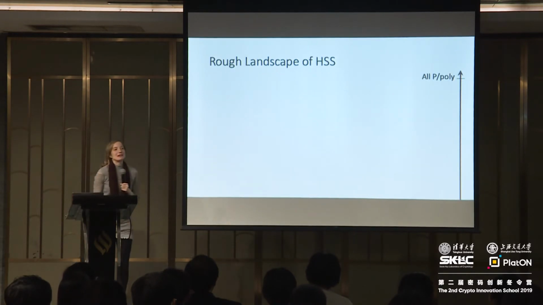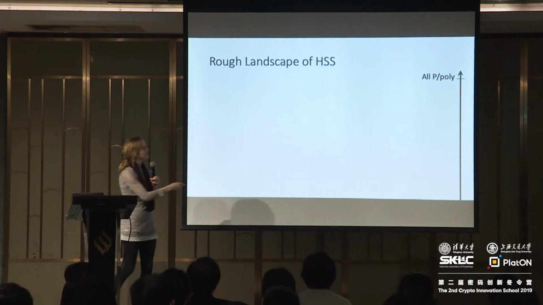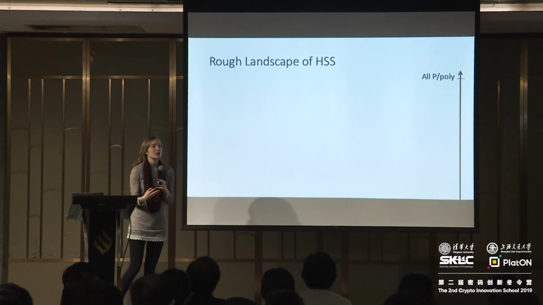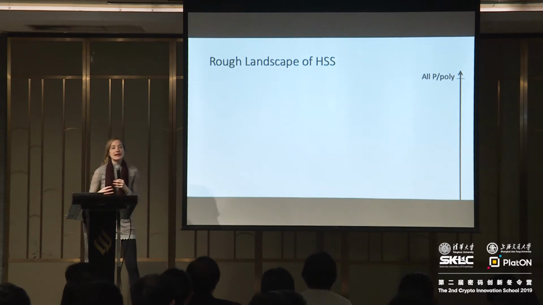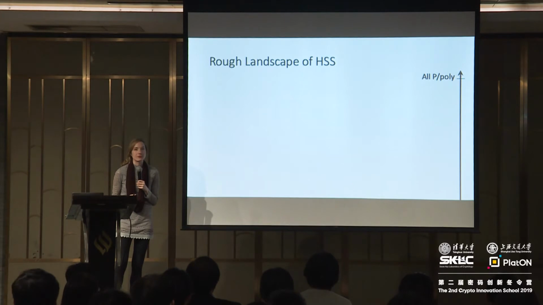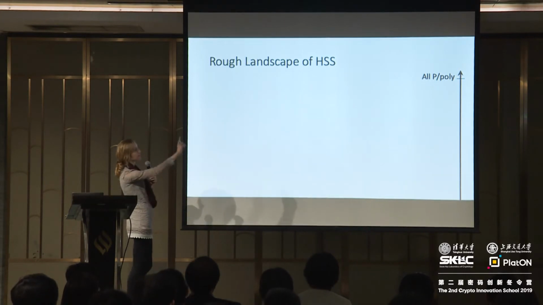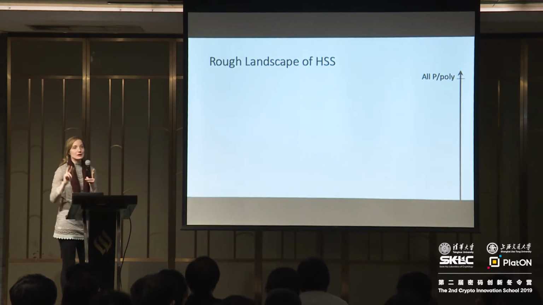Okay, so I'm going to start by telling you a little bit about what we do know about homomorphic secret sharing. And here, as maybe you've seen from the previous slide, the power or the difficulty of achieving HSS scales with the class of programs that you want to support homomorphism for. So think about kind of vertically up here all the way up to all possible functions, the analog of fully homomorphic encryption, so fully homomorphic secret sharing.